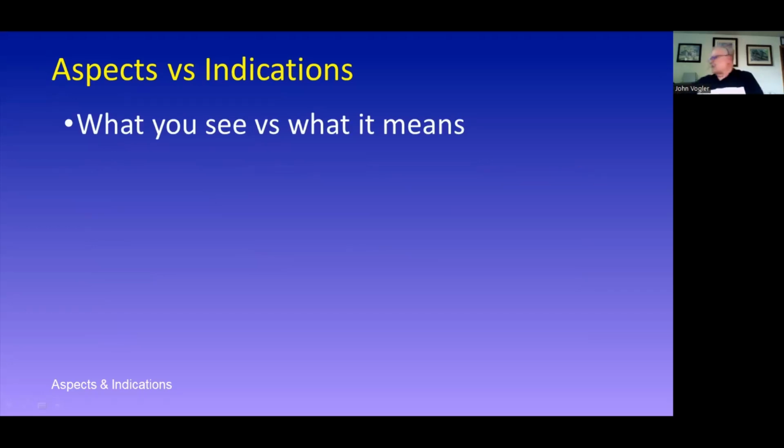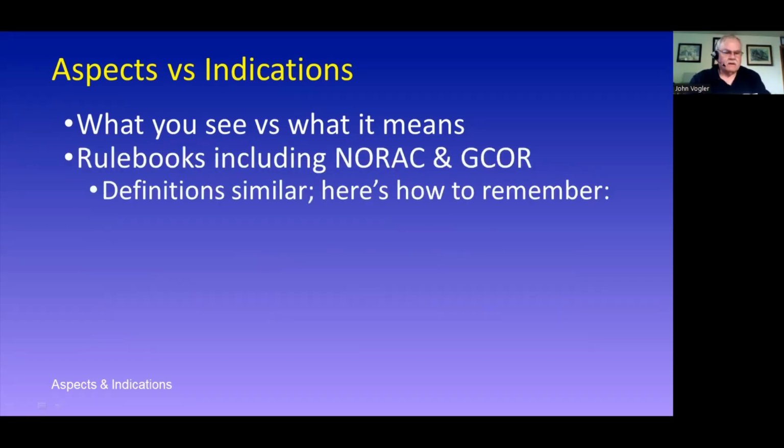So now we're going to get into aspects versus indications. This is one of the hardest things I had to learn way back when. And basically, this boils down to what you see versus what it means. Most of the rule books are very similar in how they describe aspects and indications.